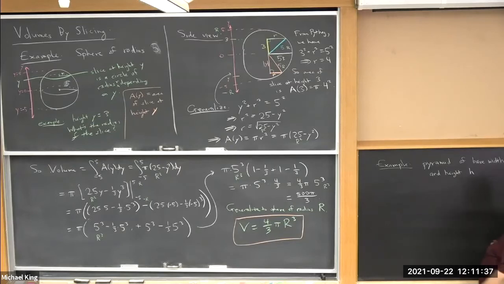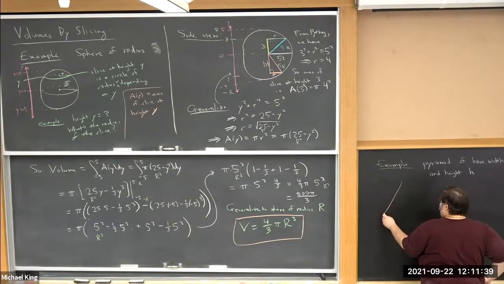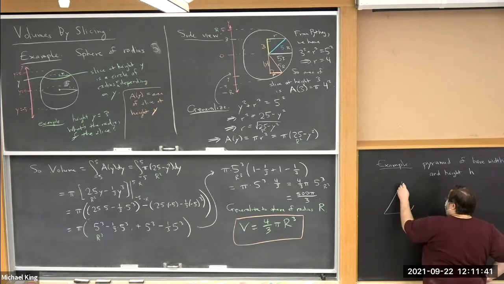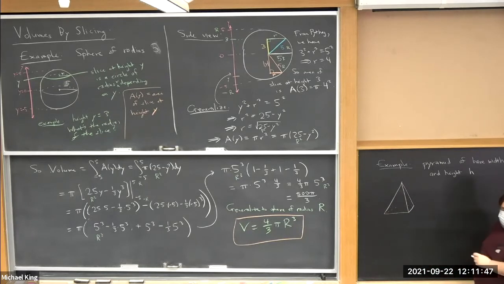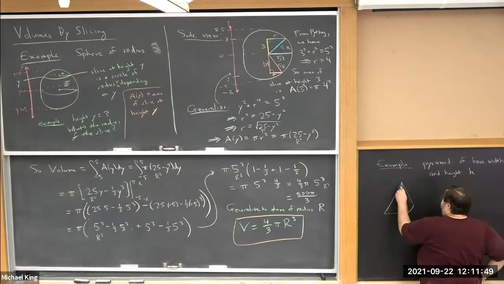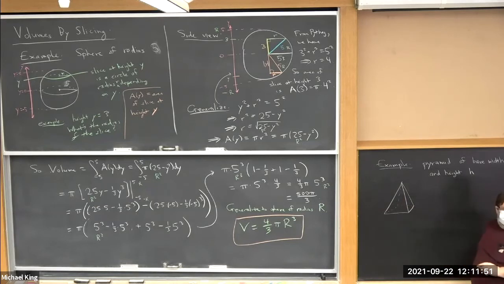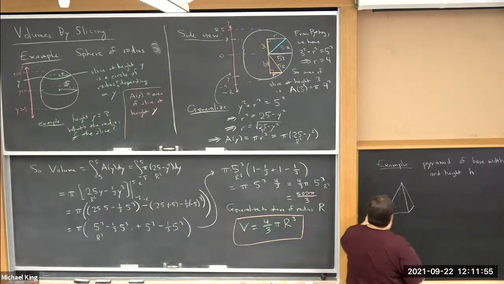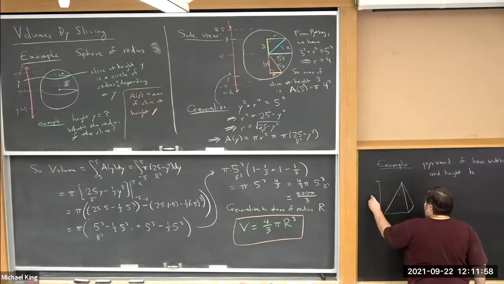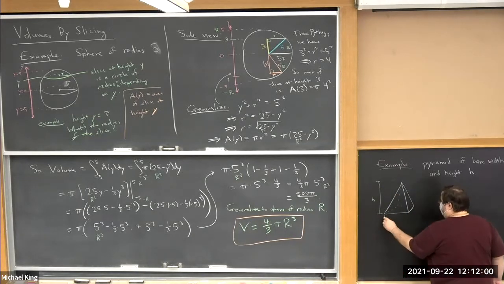Okay, so I want some pyramid, a square pyramid, I should say. Can I draw a square pyramid? Like that. It's kind of a square pyramid. And so the height is H. The base width is W, and I guess this is W also.